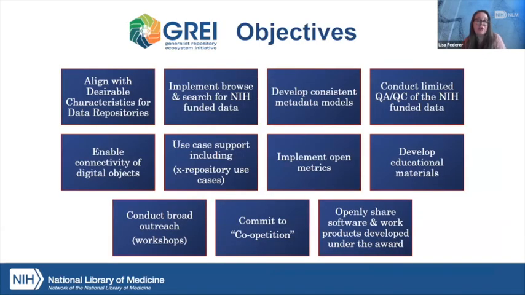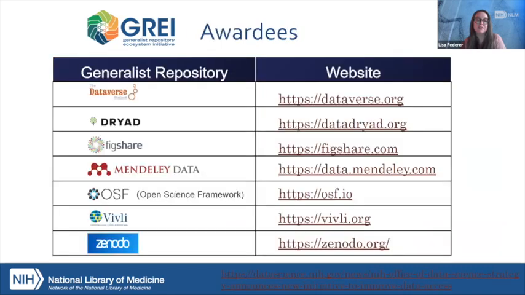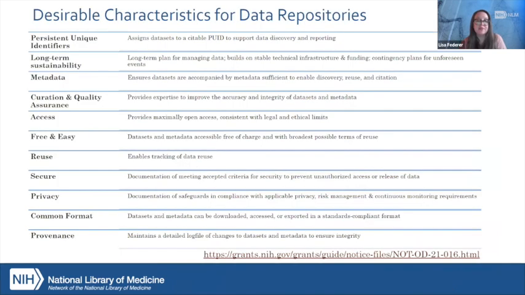I won't go through all of this, but basically these are some of the objectives that GREI had in mind to help improve this generalist repository ecosystem. And this is the list of the 7 repositories that are involved, and all are good options for a generalist repository.